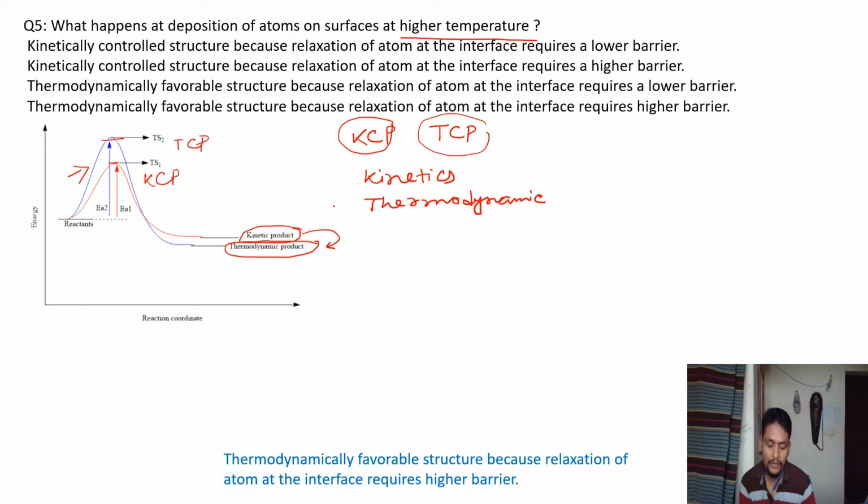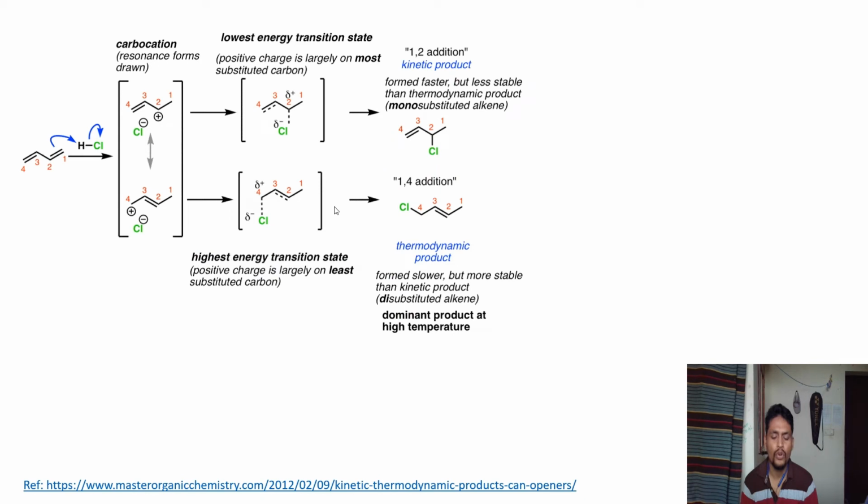So let me take a very famous example that we have already read in class 12 or in the basic level. This famous example of 1,4 butadiene. Now we are making an attack with HCl.